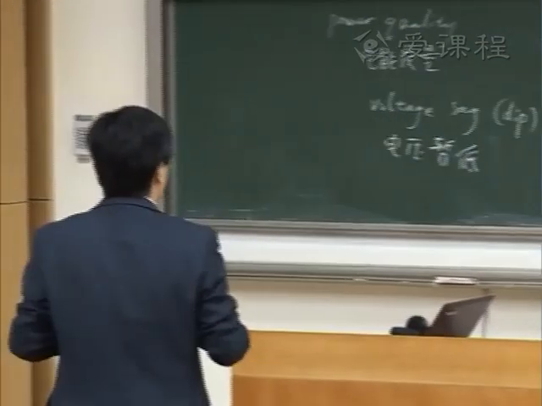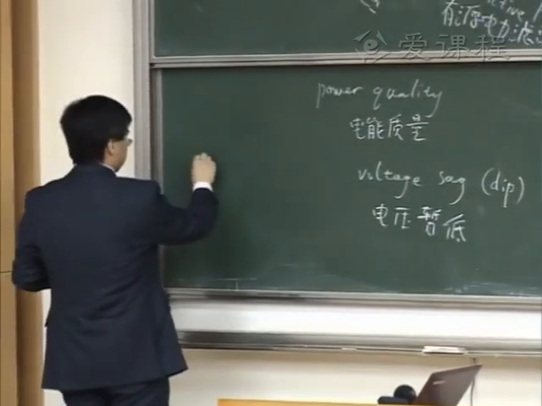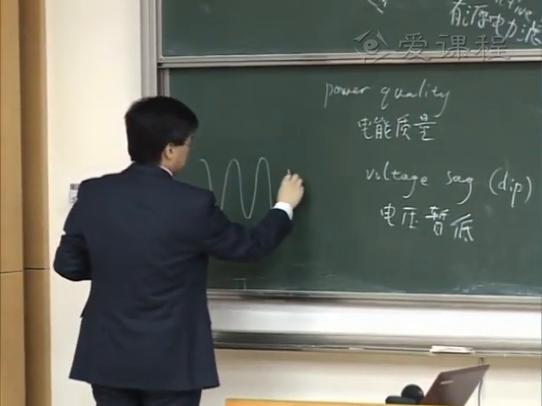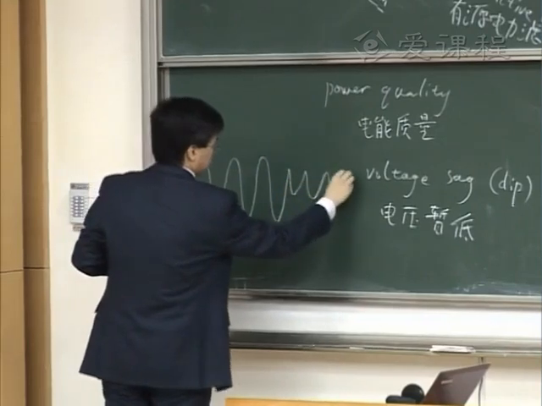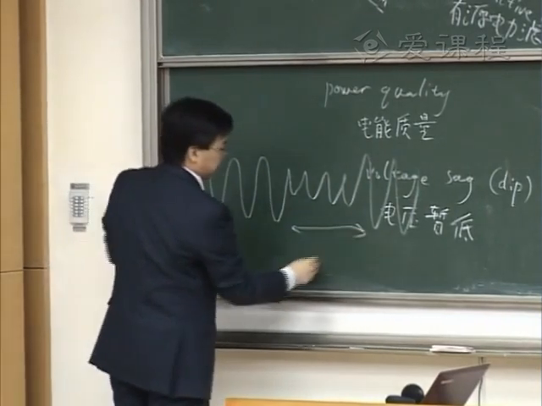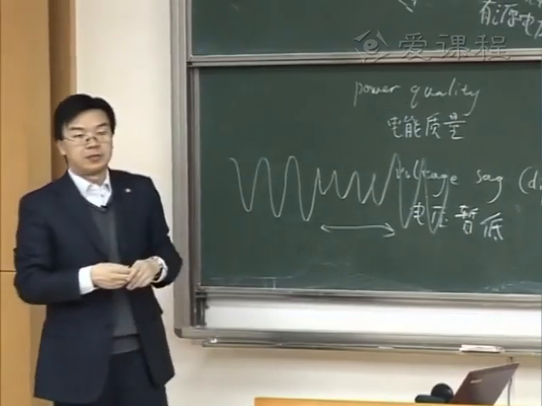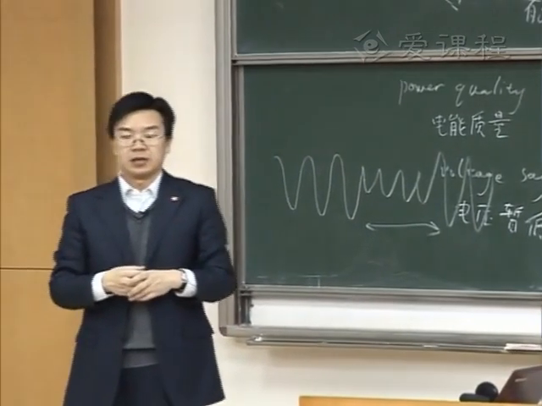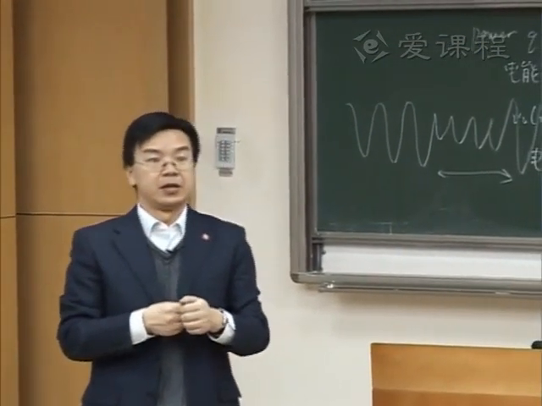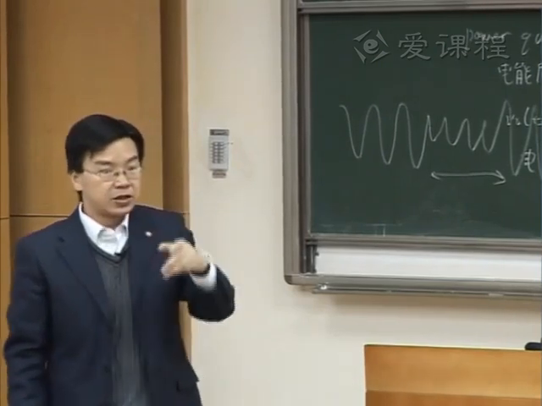If you look at the utility voltage waveform, it is something like this. During this short period of time, the voltage magnitude drops below the normal magnitude range. That's called voltage sag or voltage dip. That is also not good.